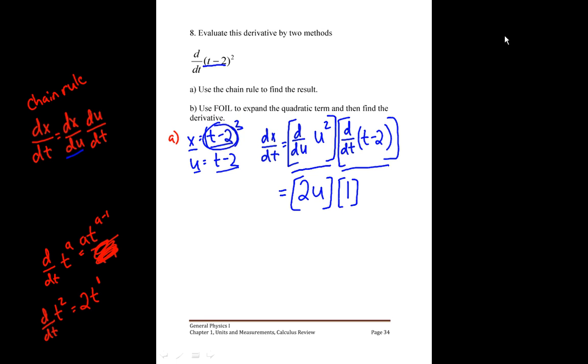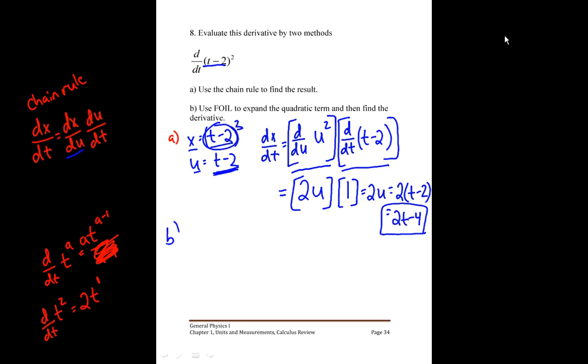Because the derivative of t is 1, the derivative of negative 2 is 0. And so this is 2u. Putting back in my substitution, it's 2 times (t minus 2), which is 2t minus 4. So that's my derivative of (t minus 2) squared.